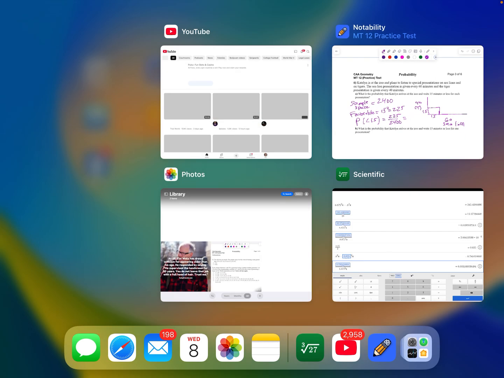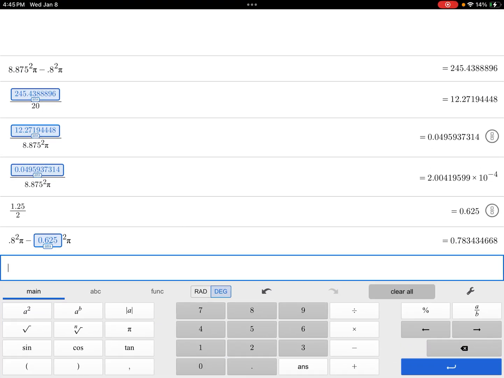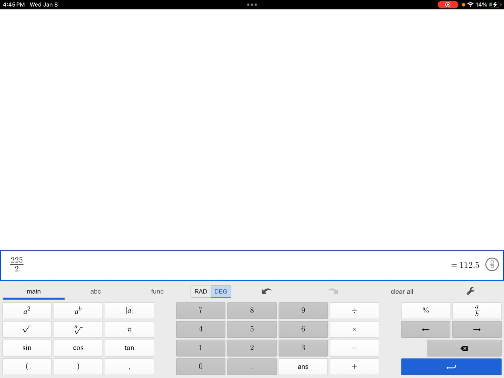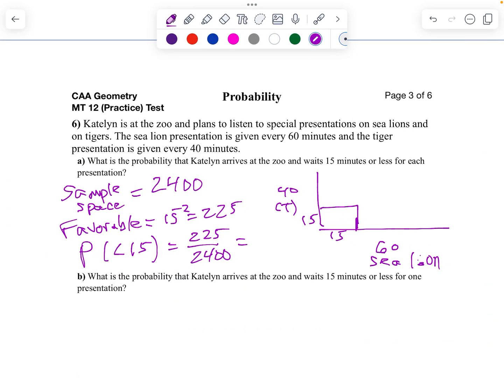So then let's take a look here. Let's clear this out. If I take 225 and divide that by 2,400, I'm going to get about a 9% chance of it being picked.